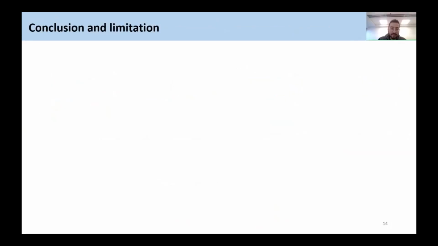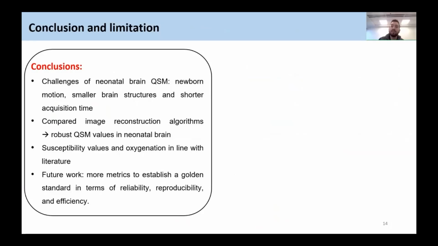To sum up everything, quantitative susceptibility mapping of the neonatal brain is challenging due to the motion of the newborn, the smaller brain structure, and the shorter acquisition time. This study compared specific image reconstruction algorithms. The results demonstrate robust QSM values in the neonatal brain, as shown by the appearance of small structures such as blood vessels.